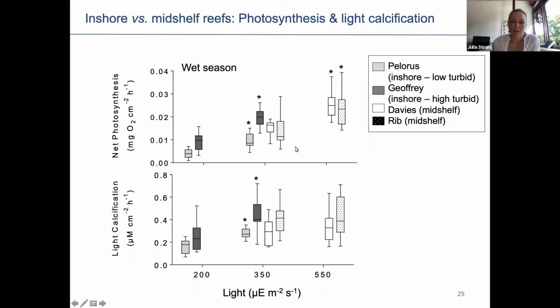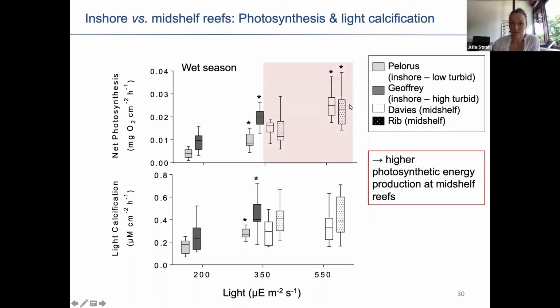And here you can see that I added the midshelf reefs to the picture. So just simply due to the fact that they have more light available, they can be much more productive at the midshelf reefs. While you can see that when exposing them to the same light level, they show the same level of productivity.